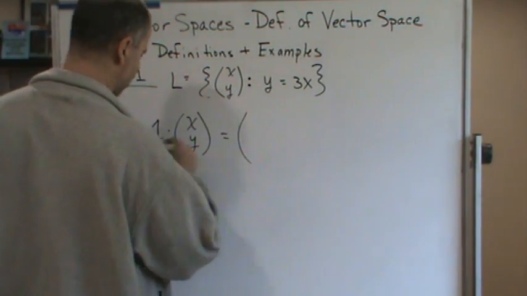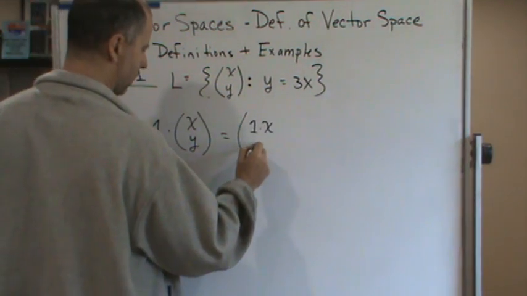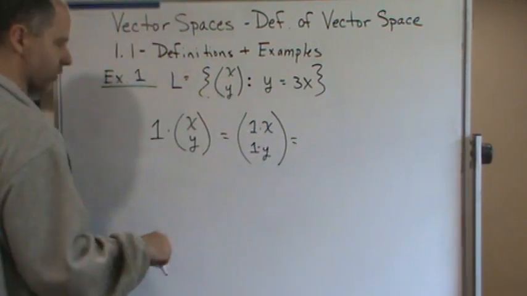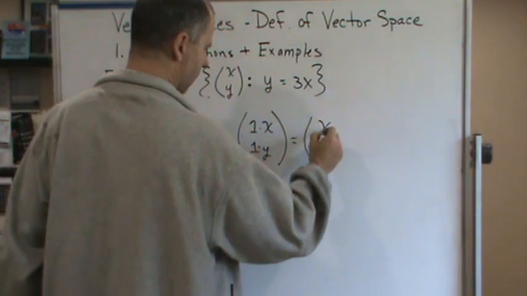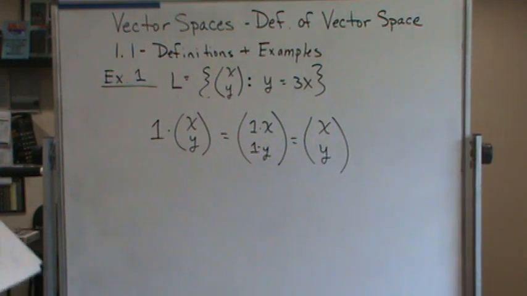So bring the 1 in, scalar multiplication, we get 1 times x, 1 times y, and of course, inside there, it's just real numbers. So 1 times x is x, and 1 times y is y, and so we get the same thing out, and we're done. And so in this example, L turns out to be a vector space.